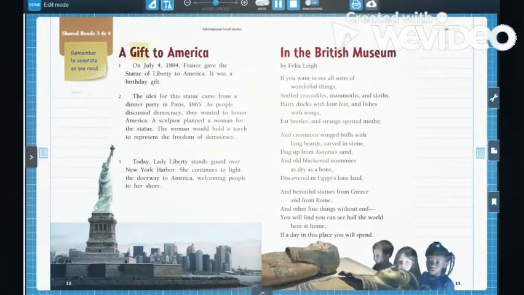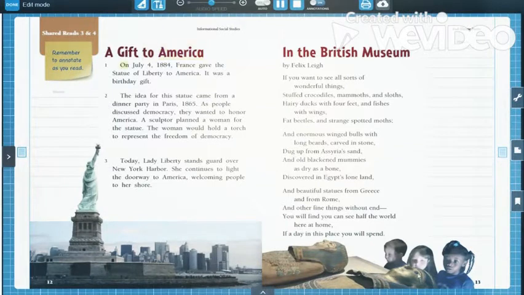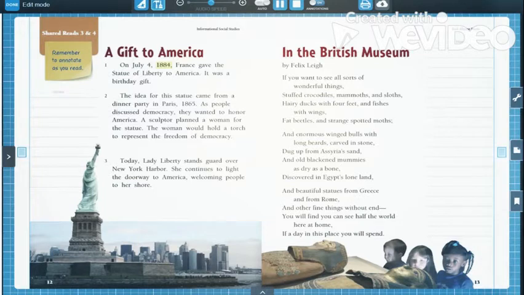A Gift to America. On July 4th, 1884, France gave the Statue of Liberty to America. It was a birthday gift. The idea for this statue came from a dinner party in Paris, 1865. As people discussed democracy, they wanted to honor America.